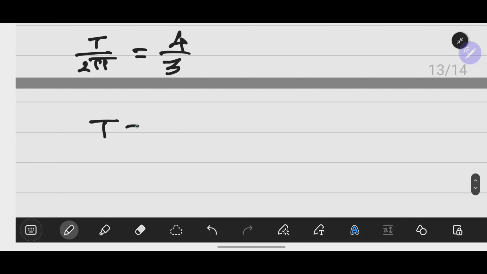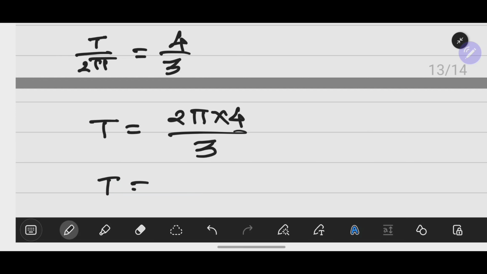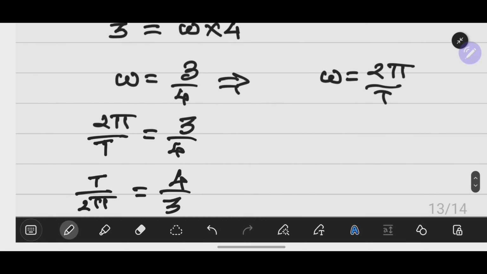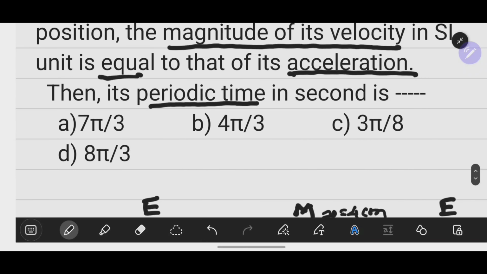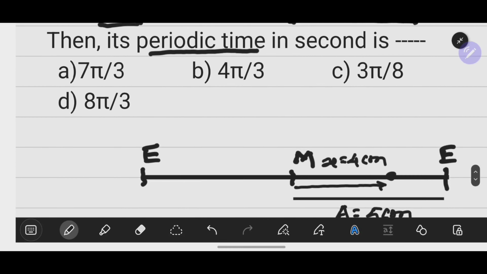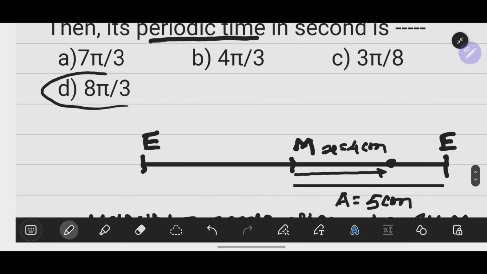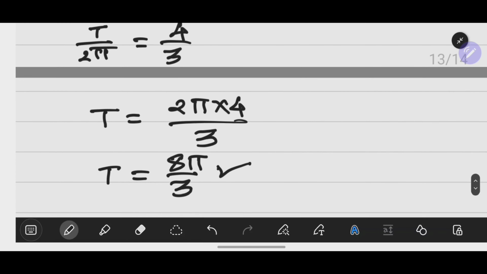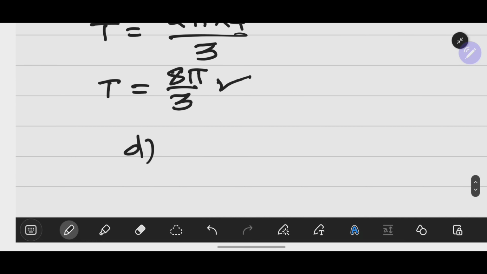Then T is equal to 2 pi into 4 upon 3, that means T is equal to 8 pi by 3, and the solution is this one. So which option is correct, that we will decide. 8 pi by 3, option D is correct. Thank you.